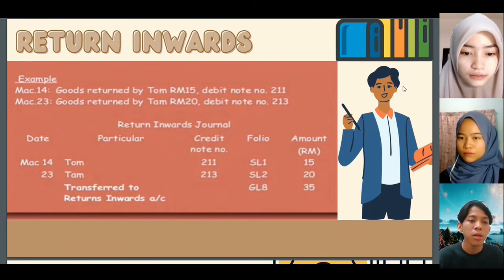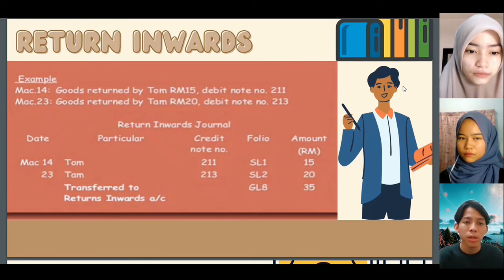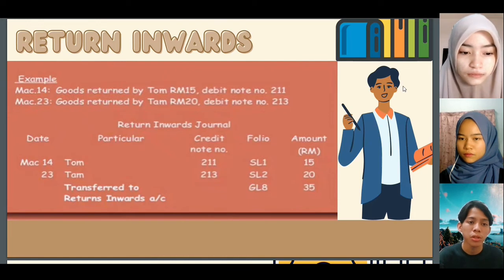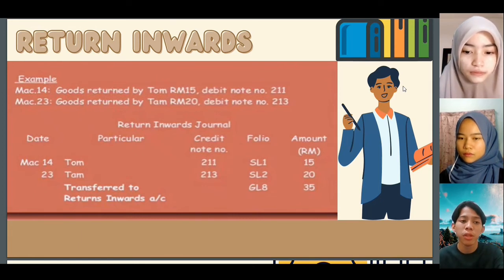Okay, the date we need to put in the date column is 14. The detail is Tom, which is written return inward by Tom. The note number that we put is 211, and the amount is 50 ringgit.